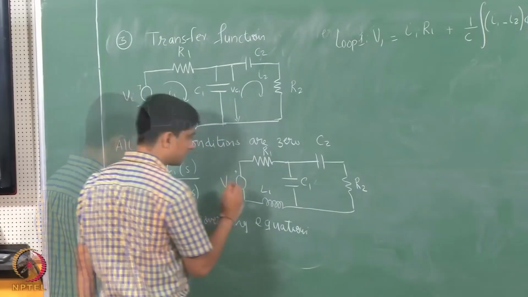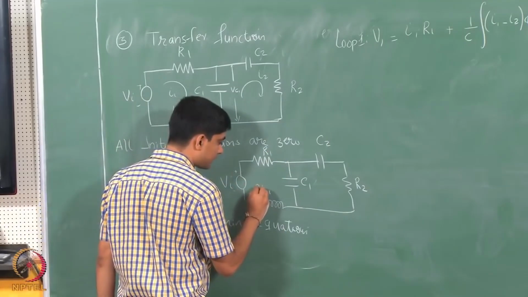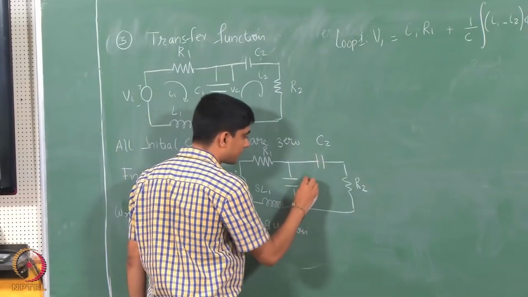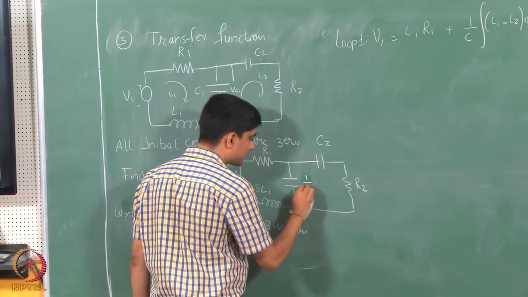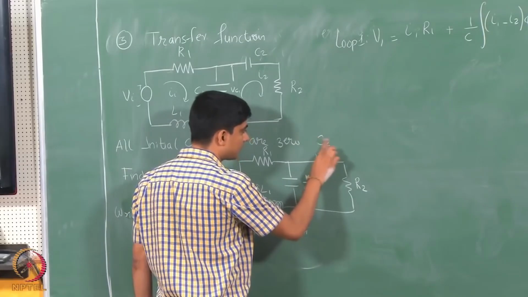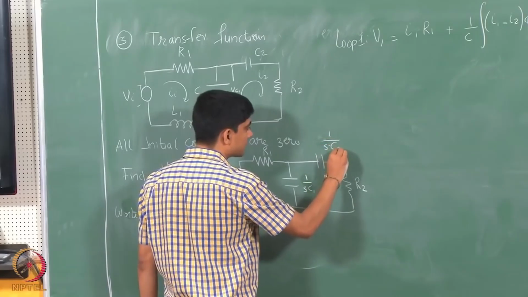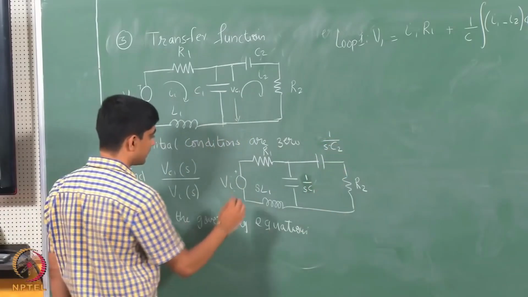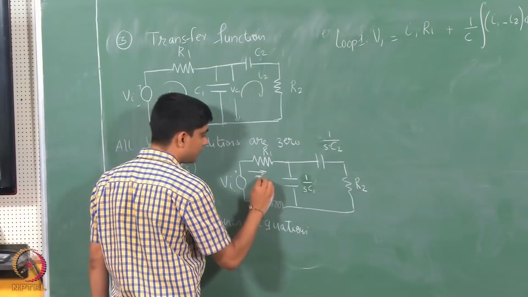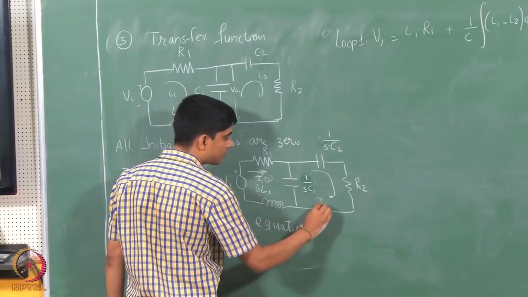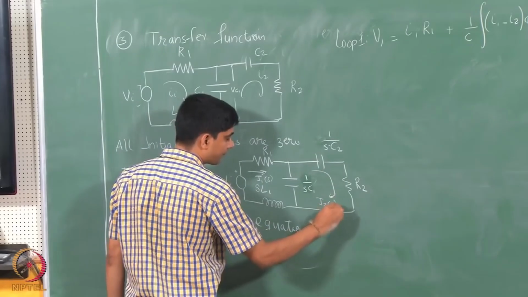Okay. So, in the Laplace domain I could write this as S L1, and the capacitor I could rewrite as 1 over S times C1, this guy would equivalently become 1 over S times C2, right, and this would be I1 of S, the current in this loop, the current in this loop would be I2 of S. Okay.